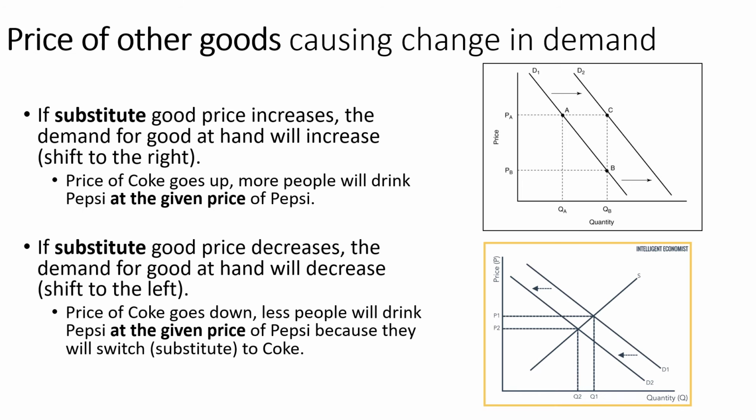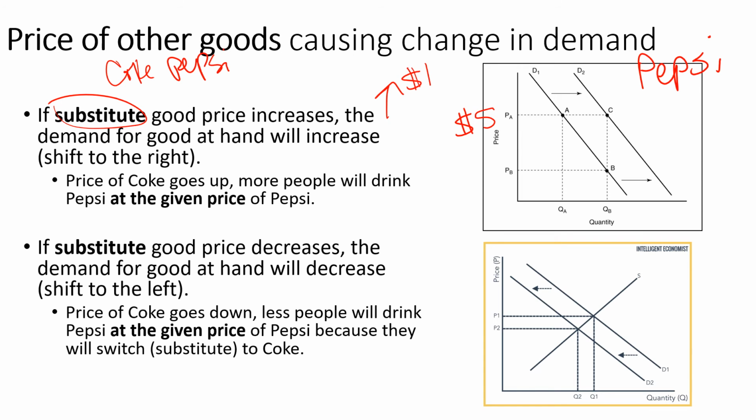So how do these substitute goods influence the demand curve? Well, let's use the Coke and Pepsi example here. So if this is the demand curve over here for Pepsi, and let's say Pepsi is $5 per pack, and Coke just raised their prices to $10 per pack.